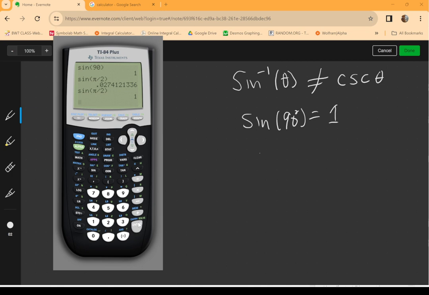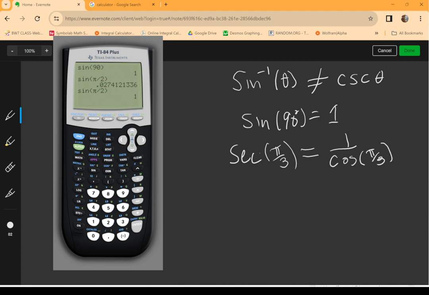So how do we calculate the secant and the cosecant? Well, let's just pick some angle in radians. Let's say the secant of pi over 3. The way I would do that is first, I need to change everything to sines and cosines.